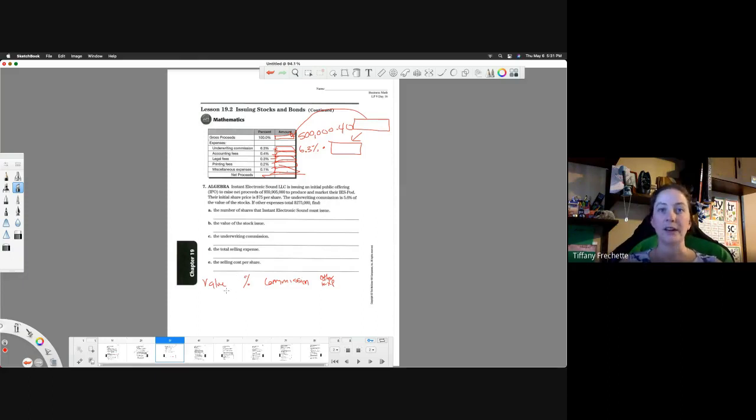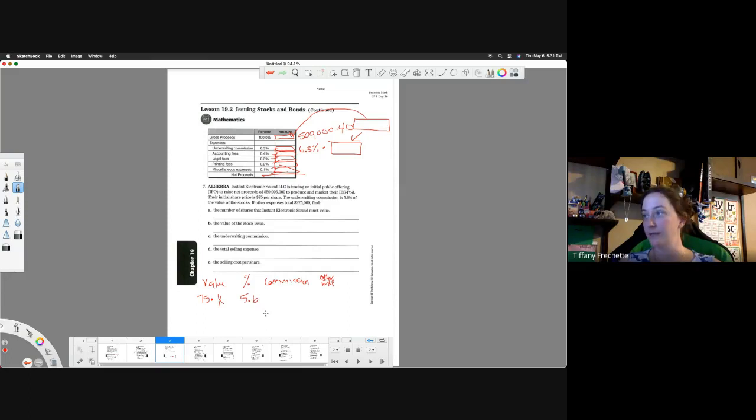So my value of issue would be $75 times my number of shares. I don't know the number of shares. That's actually one of the first things it asks me to figure out. I don't know the number of shares, but I do know my percentage. It told me the percentage was 5.6%.